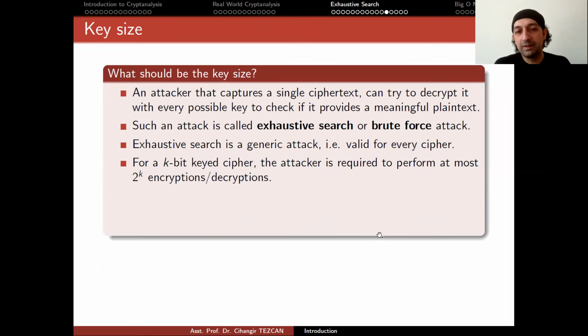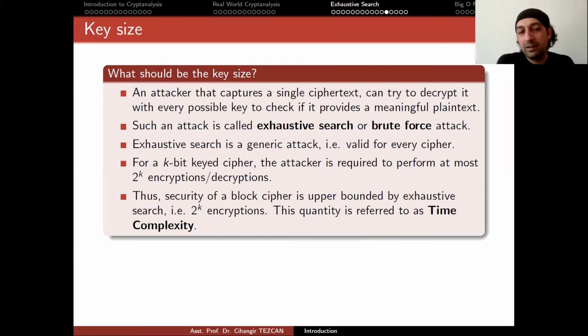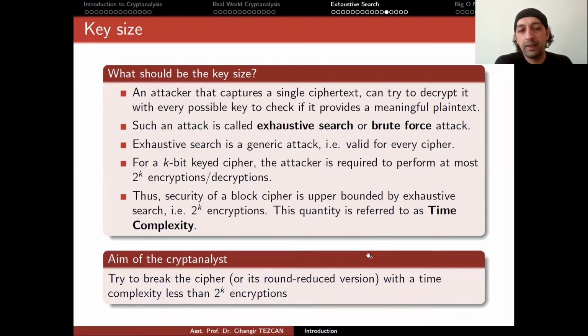So for a k-bit keyed cipher, the attacker is required to perform at most 2 to the k encryptions and decryptions. Thus, security of a block cipher is upper bounded by exhaustive search, in other words, 2 to the k encryptions or decryptions. We will refer to this quantity as time complexity, and in the following lectures we will represent attacks with the time complexity, data complexity, and memory complexity they require.